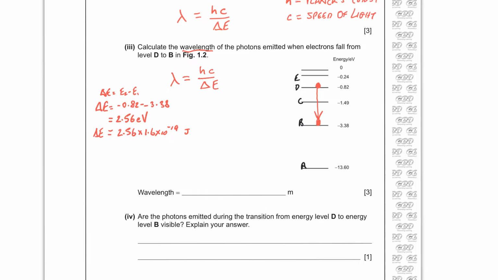So we could substitute that now without working out how many joules it was. So we put in our Planck's constant and our speed of light and our 2.56 and our electron charge to convert it to joules, and that should give us the lambda we're after. And that gives us a lambda of 4.85 times 10 to the minus 7 meters.